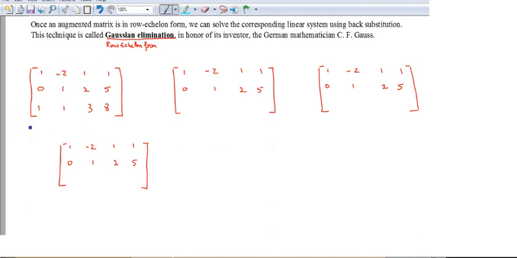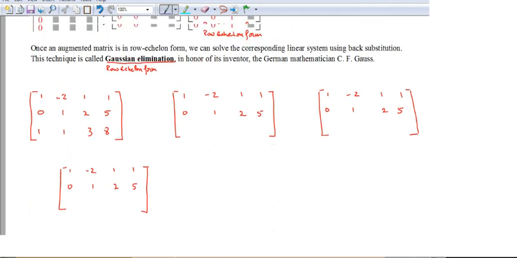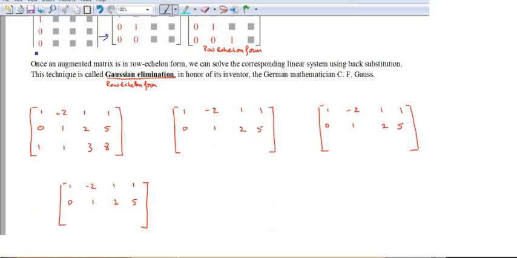So here is the matrix, and if you remember, I need a 0 here, so I need a 0 here. How do we get 0 in here? I will get a 0 in here by saying row 1 minus row 3, move it to row 3. This is row 1, row 2 and 3.